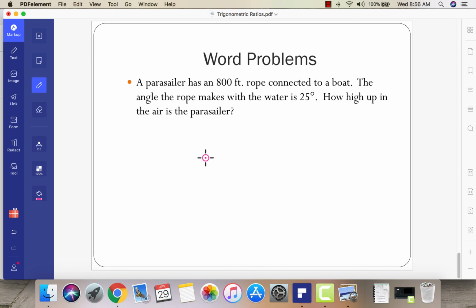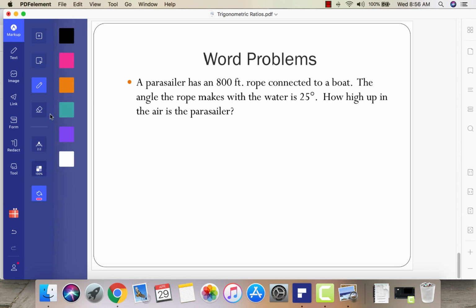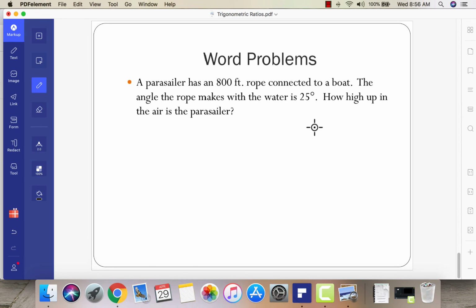All right, so I'm going to draw a picture. It doesn't have to be beautiful. So I'm going to change my colors of my picture, make it black. All right, so I have my parasailor. That's their parasail. And this is going to be my boat. And this is going to be my angle.